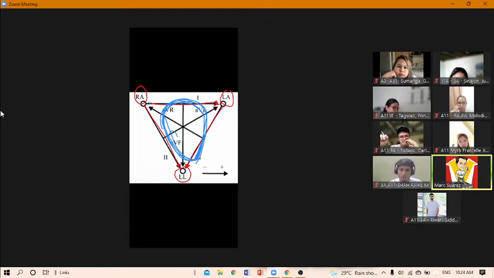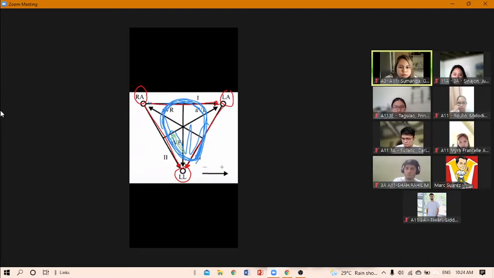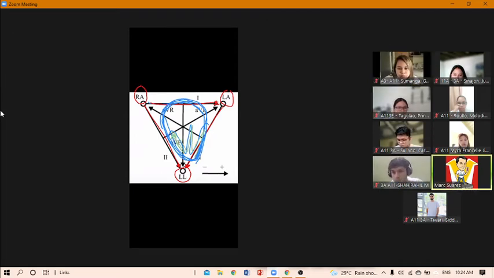So we all know the ventricles are here. Follow? Yes, Doc. The green area is the ventricle. This is the left ventricle.